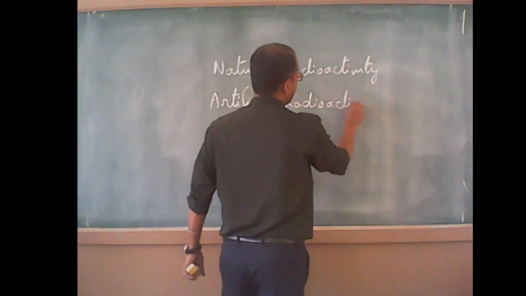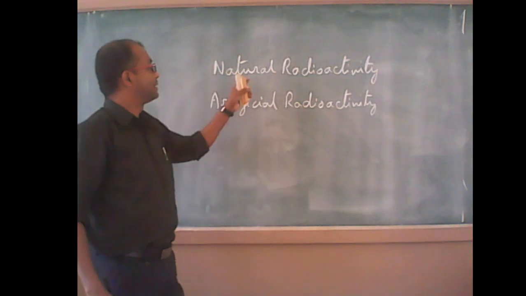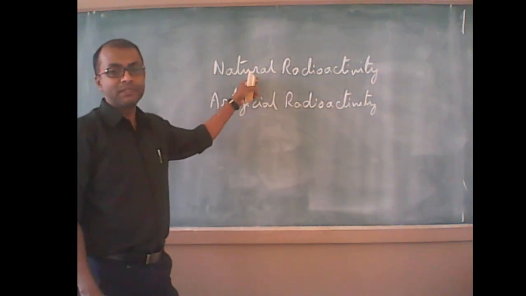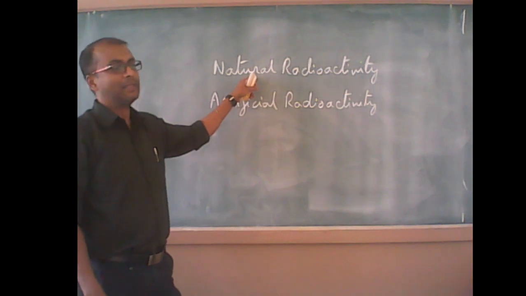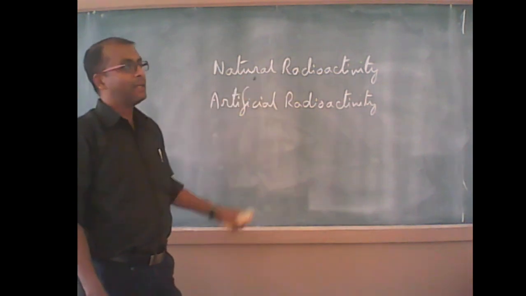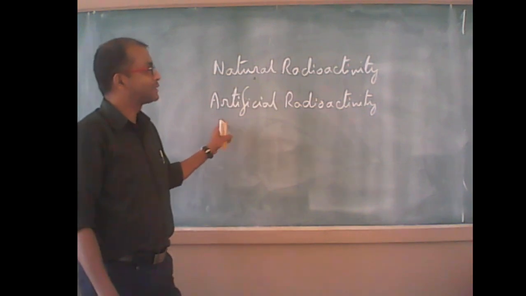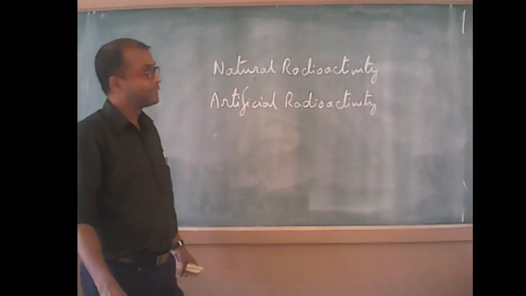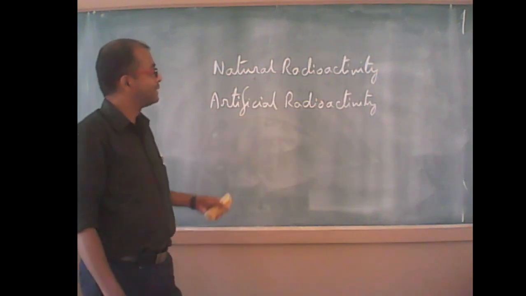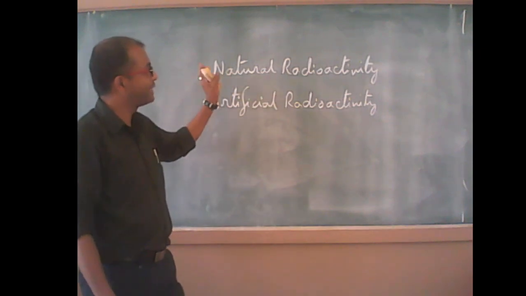So, what is natural radioactivity? It's the phenomenon of radioactivity exhibited by nuclei which are naturally unstable. Usually, this is found in heavier elements in nature having mass number greater than 206. So these elements exhibit the phenomenon of radioactivity naturally.